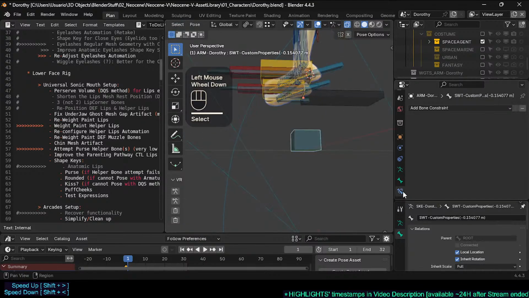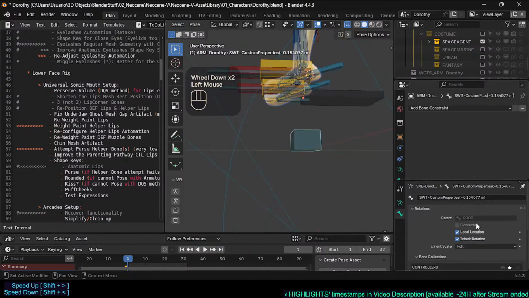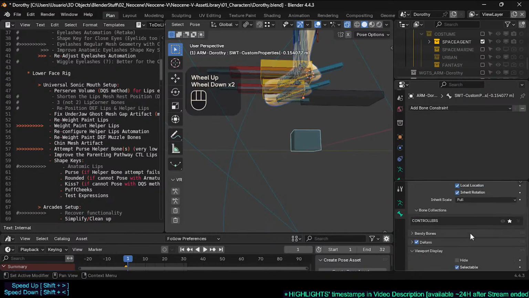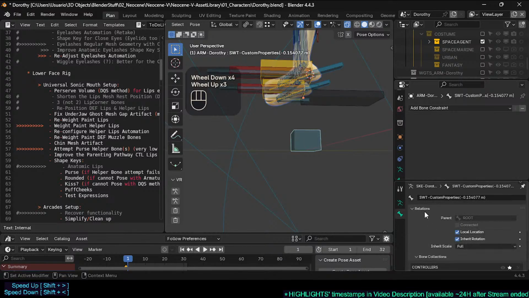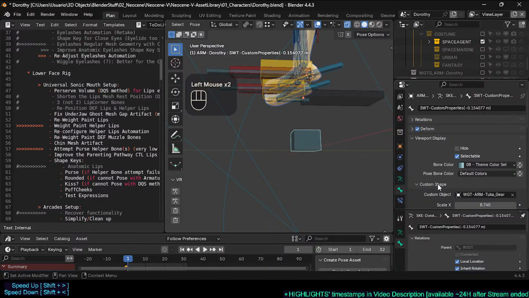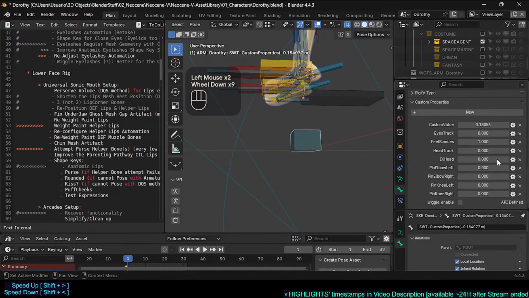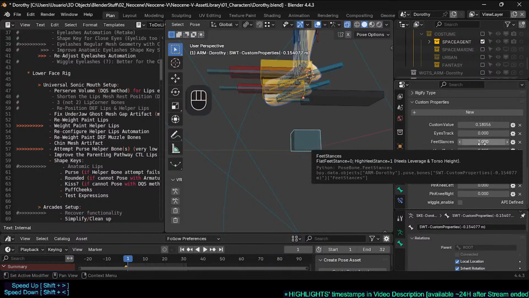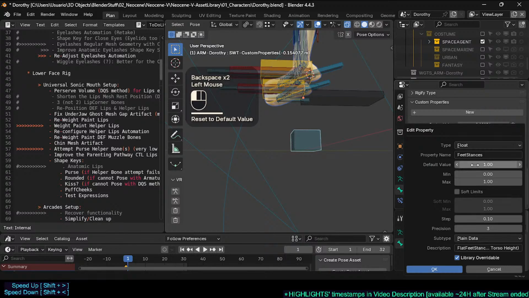I've already shown this setup one or two streams ago, so I'm not going into details here. Here we've got the custom properties, and then the feet stance. The default here is 1 instead of 0.